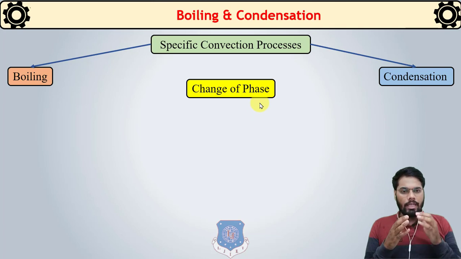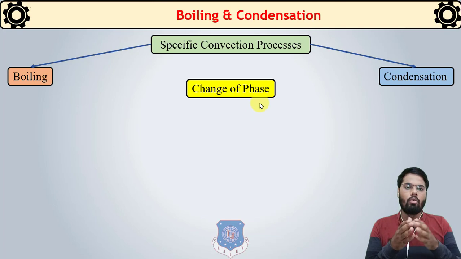But in the assumptions of the heat transfer process in a heat exchanger, we have assumed that there is no phase change of any fluid, hot fluid or cold fluid. So there is no rejection or receiving of latent heat by any fluid, but there are some convection processes in which phase change of the fluid takes place, like boiling and condensation.